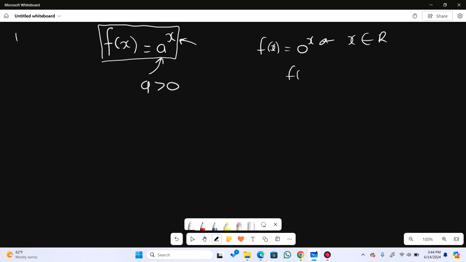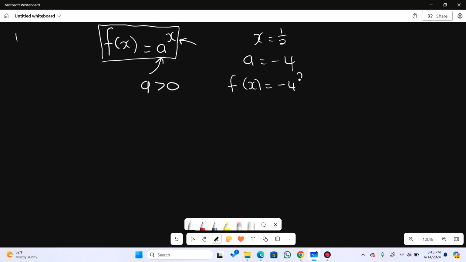Now a has to be greater than 0, right? Let us see. We say that x can be any number, can be a real number. So what if x is equal to a half, and then we have a being equal to -4? So we will have f(x) equal to (-4)^x.